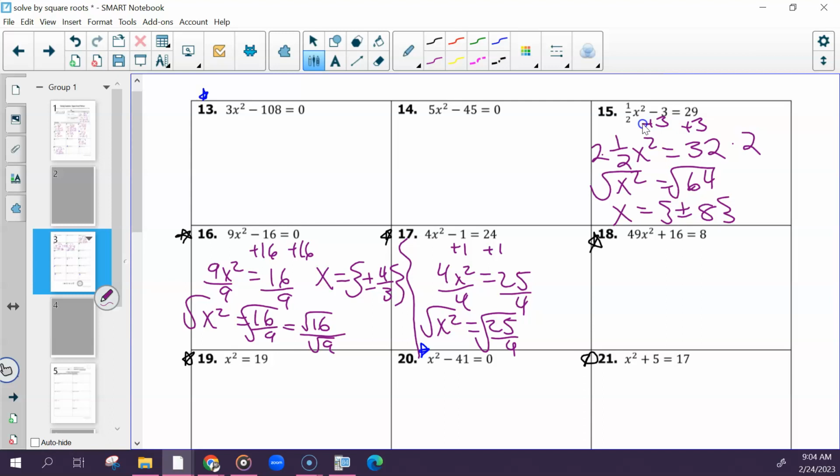Yes. So 5 and this is a 2. So x equals plus or minus 5 over 2. Is this one different? Do 18.